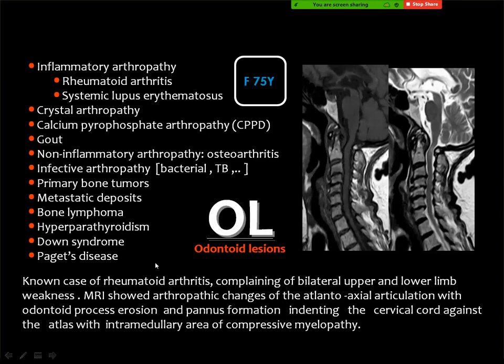These are the lesions that can produce abnormalities at the odontoid level. Inflammatory arthropathy like rheumatoid, you know very well, systemic lupus, crystal arthropathy meaning gout, calcium pyrophosphate arthropathy, the abbreviation is CPPD, is well known to produce abnormalities at the odontoid process, as we will mention in the lecture of polyarthropathy in the musculoskeletal module.